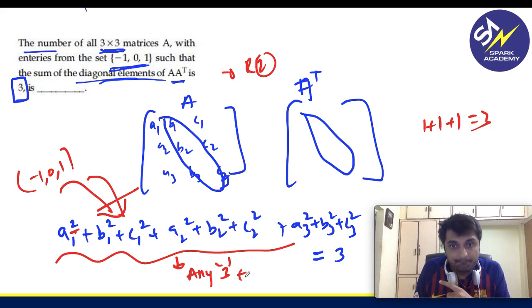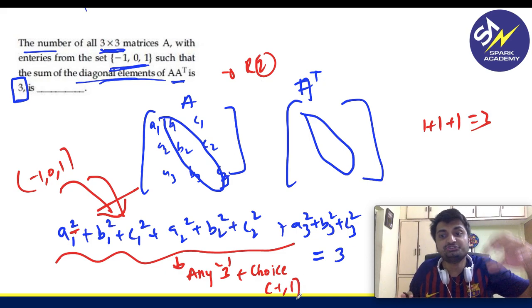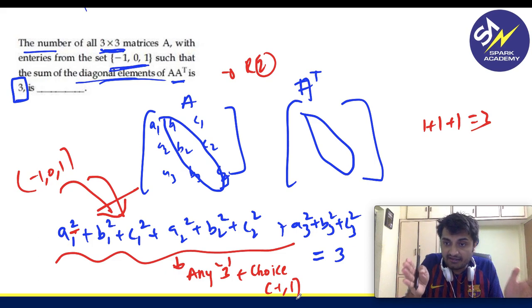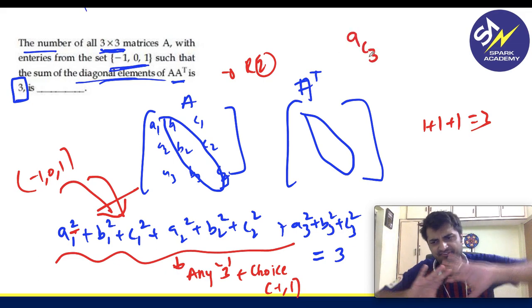So any 3 plus a choice of -1 and 1. So first what I'm doing is combinations. 9 elements are there, so out of 9 I'm choosing 3. Any 3 I can choose.